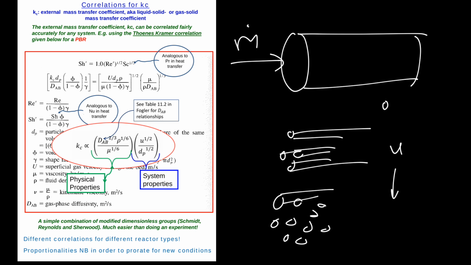So in fact, the geometry of our reactor will significantly affect this rate constant that determines whether we are going to have external diffusion limitations in our reactor or not.